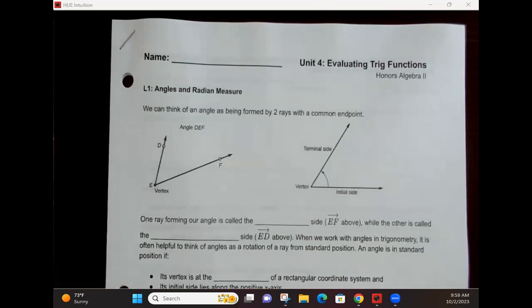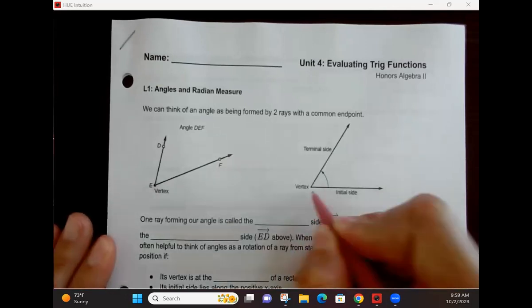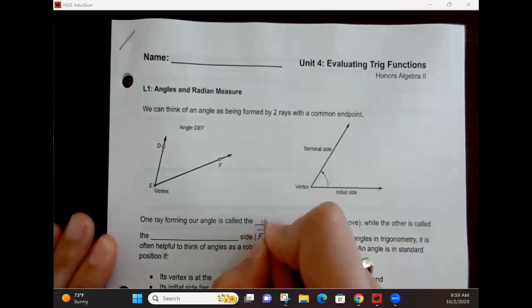In our trig unit, anytime that we are talking about trig in algebra, we are going to talk about those rays as being an initial side and a terminal side. And what we want is for that angle to be in what we call standard position. So one ray forming our angle, we will call the initial side.